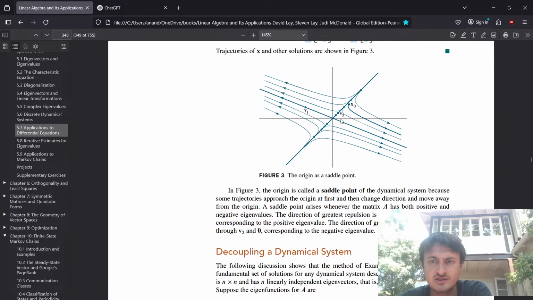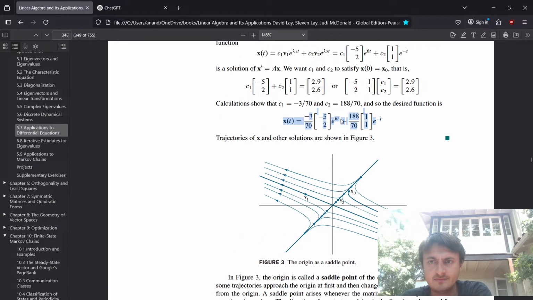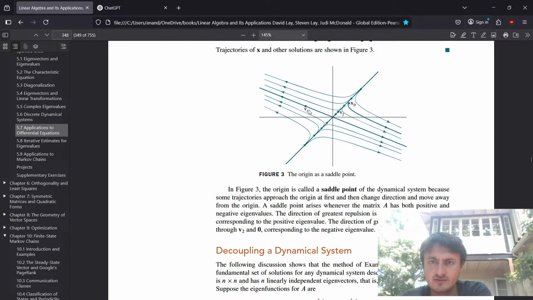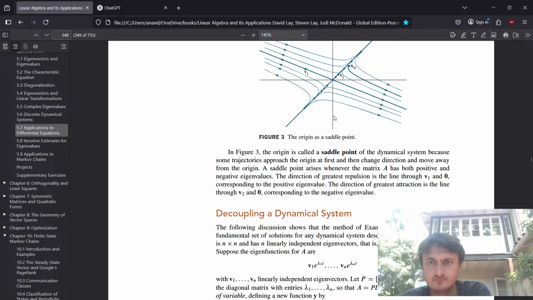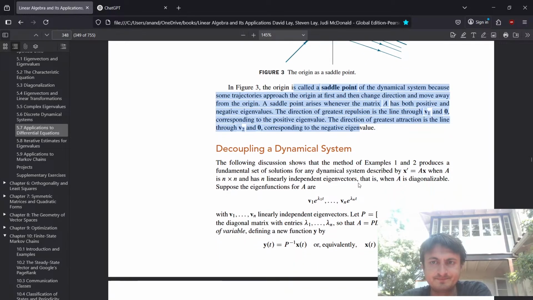Just pretty much as before. Wait, one of the eigenvalues is positive, the other eigenvalue is negative, so we're going to get a saddle point.